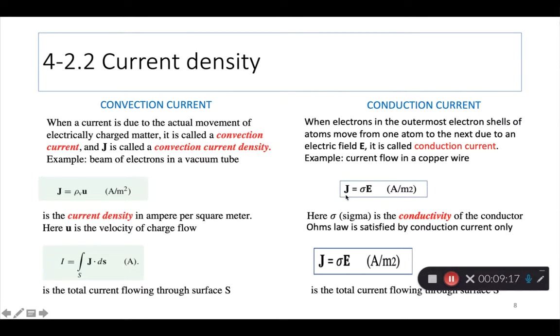current density J is the current density in amperes per square meter. So whether it's here or here, this J means amps per square meter of the surface, of the area.